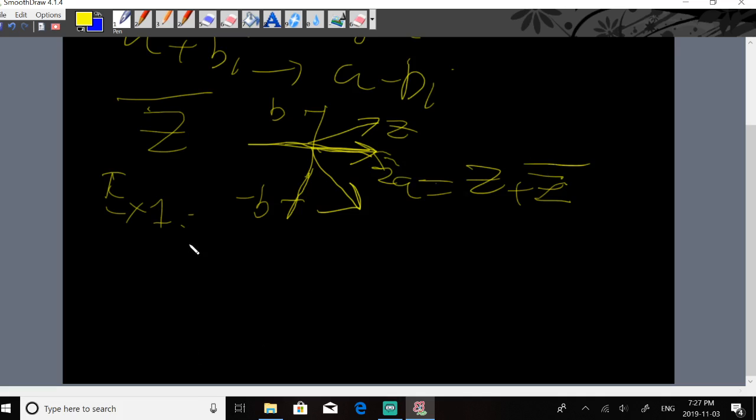Find the question. Find a complex number.